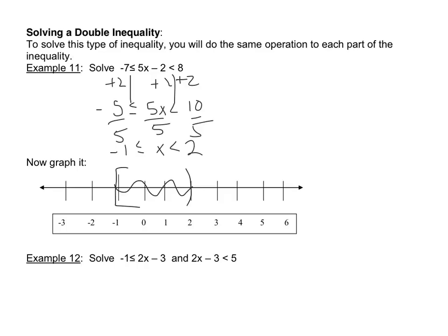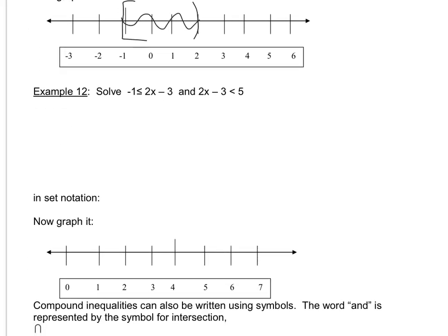It says 5x minus 2 is greater than or equal to negative 7 and less than 8. So this one should really be written like this. Negative 1 less than or equal to 2x minus 3 and less than 5. So add the 3.